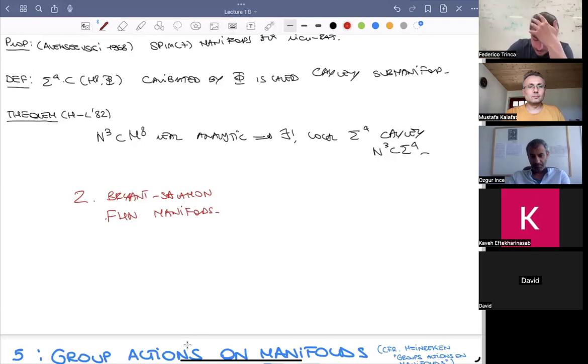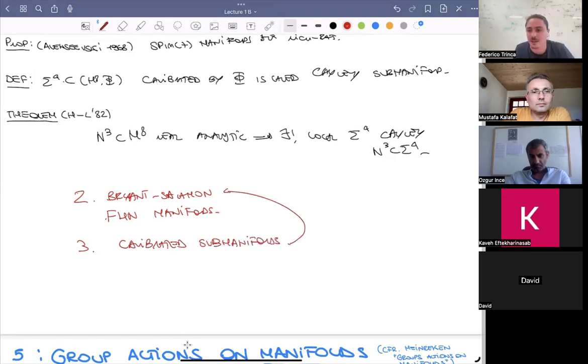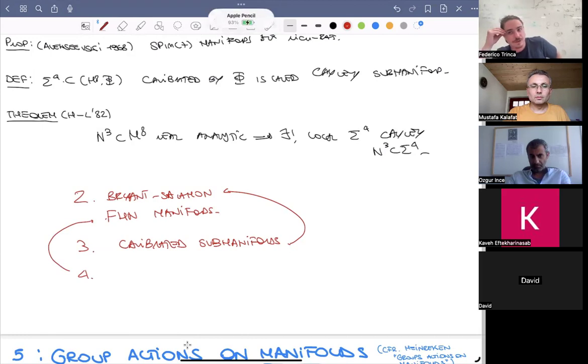And in the third one, I will really go into research papers of the last 5 to 10 years, and I'll try to describe calibrated submanifolds in the Bryant-Salamon manifolds, and in the last lecture, calibrated submanifolds in the Foscolo-Haskins-Nordström manifolds.